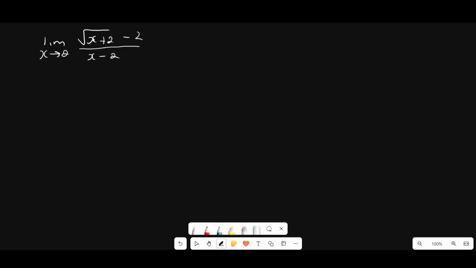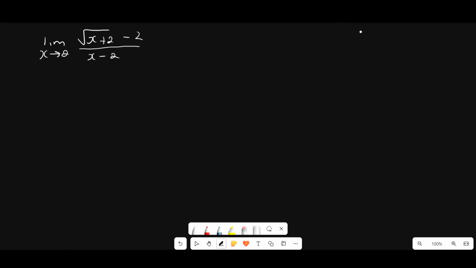So here you can see that you have a square root, so we cannot factorize, right? So you have to use the substitution method or the rationalizing method. In this case you can use both. Let me show you why.